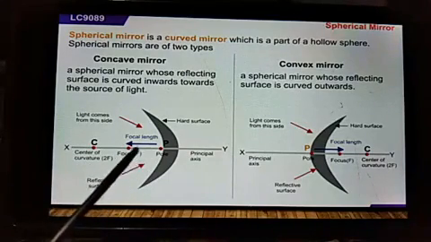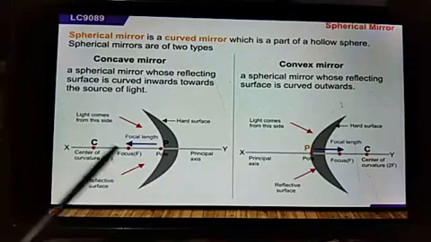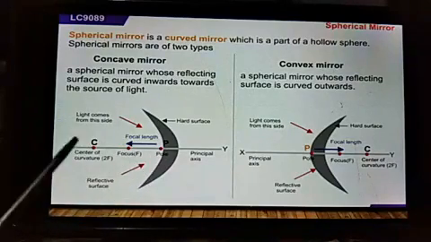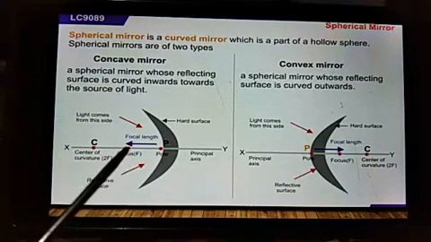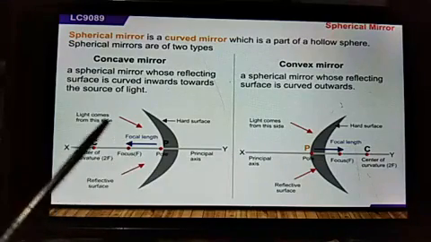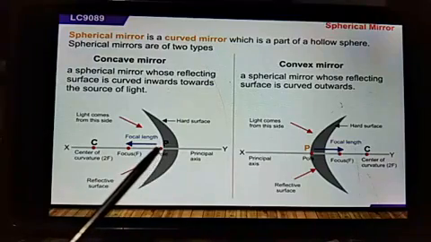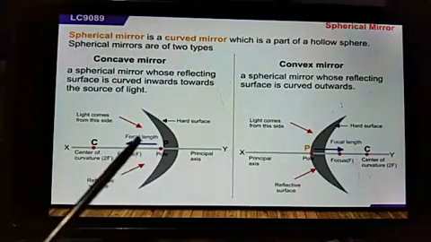Next is focus. Now you can see here a point F, focus, between the C and P, center of curvature and pole. This is the midpoint of C and P, and this point is known as focus or principal focus. Next, the length between the pole and the focus is called the focal length.